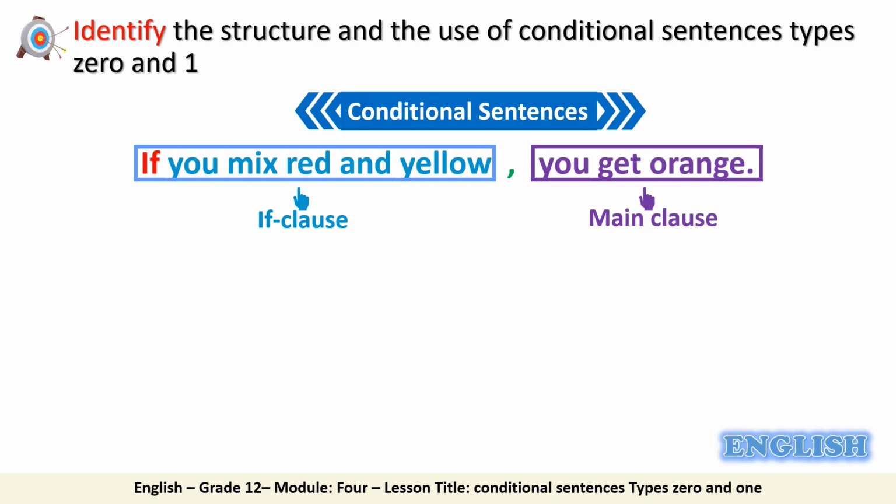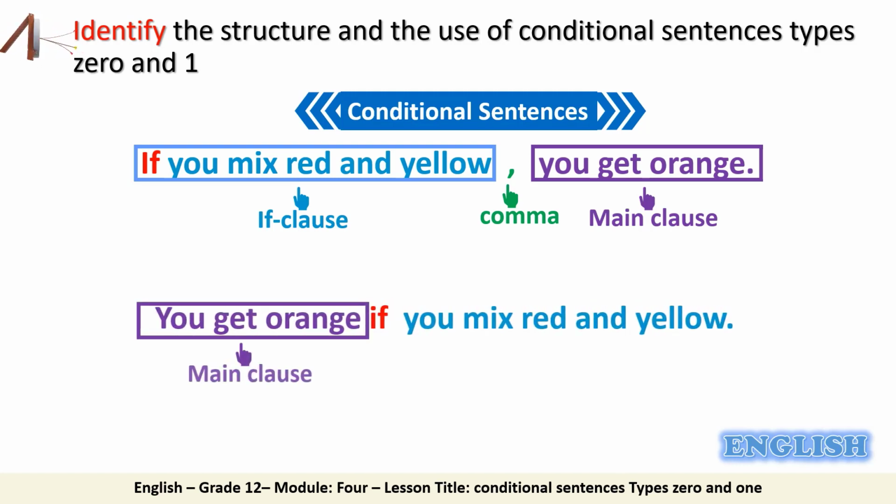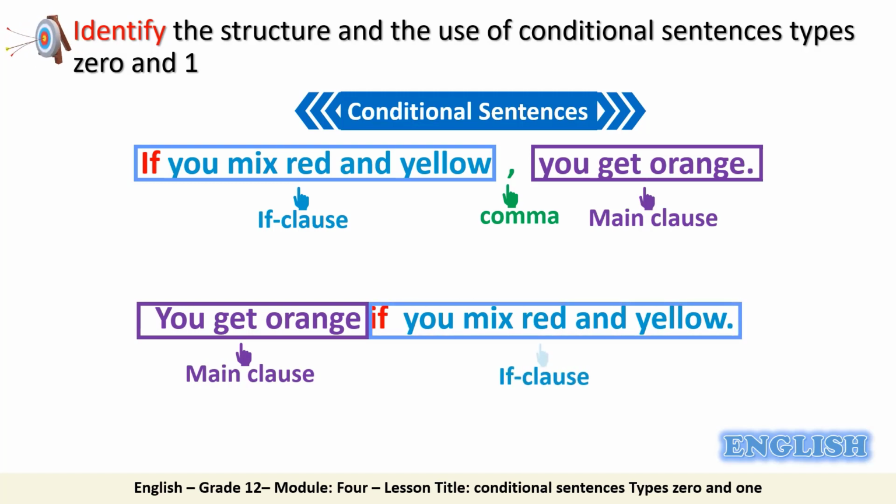These two clauses are separated by a comma. However, these clauses are movable, which means the main clause can appear in the beginning of the conditional sentence, followed by the if clause, and we notice that the comma in this case disappears.